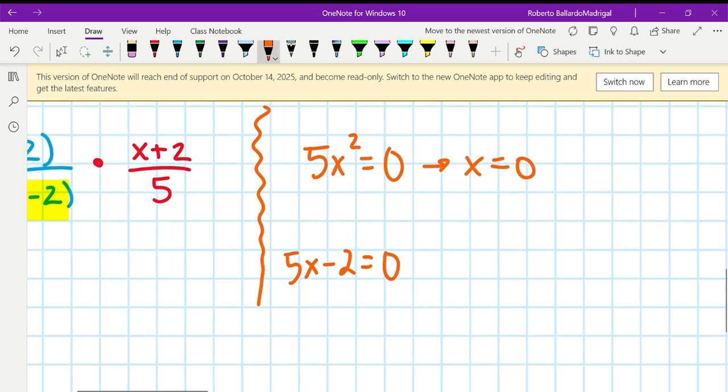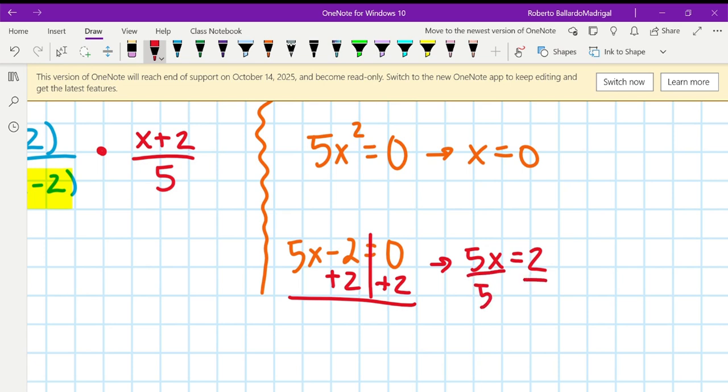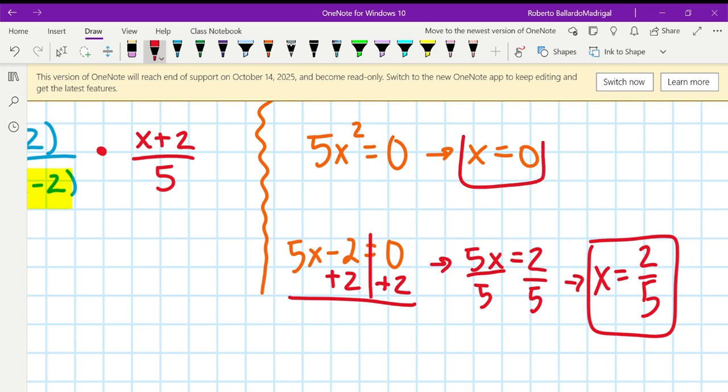And then this second one, we are going to have to solve algebraically. So let's begin by adding the 2. We get 5x equals 2. So x equals 2/5. Okay, so we have a pair of EVs right here.